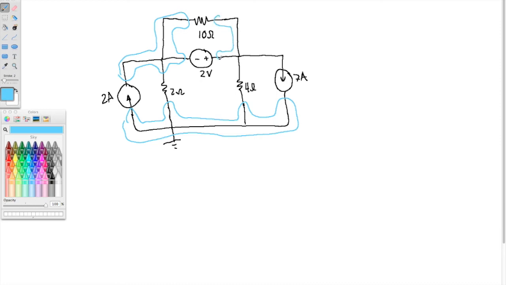Here's 3. Nodes. Right, so how many equations do we need? Number of equations: that is the 3 nodes minus 1 for ground minus 1 voltage source equals 1 equation.